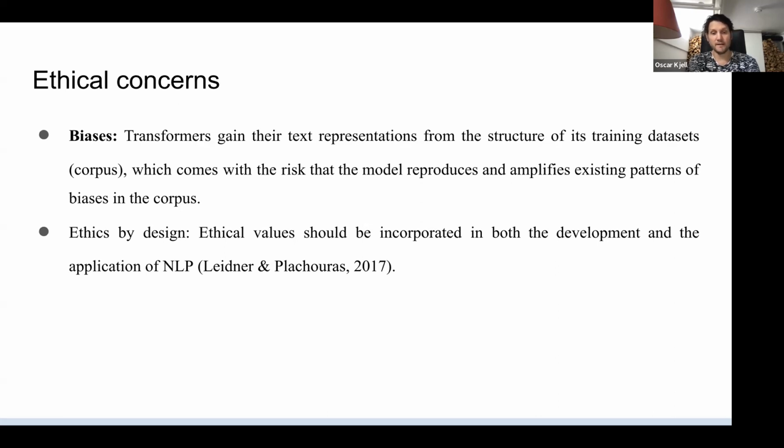But there are many examples in computer science where they use models that generate text, and the text that they generate is full of racism and things like that. Yeah, so it can be a big problem. You have to consider what corpus they were made on, and also how you apply it, how you use it.